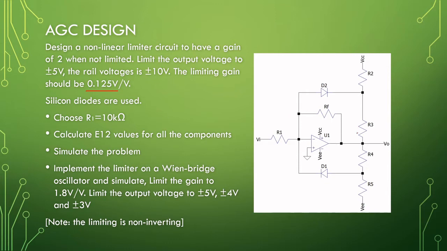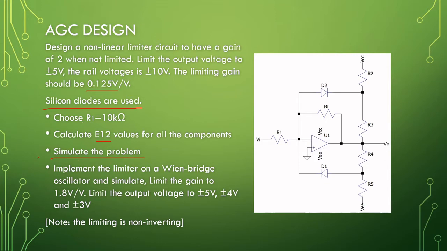When these two resistors in the middle are included, the gain should drop to 0.125. I say use silicon diodes. Start by choosing resistor 1 and work your way from there by computing all of the other resistors and choose E12 values. After that, simulate the problem.